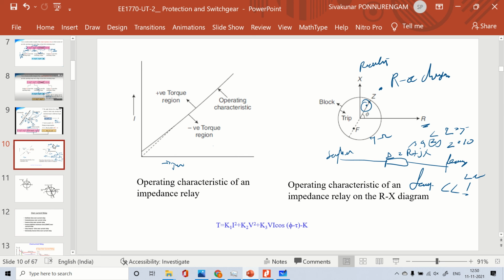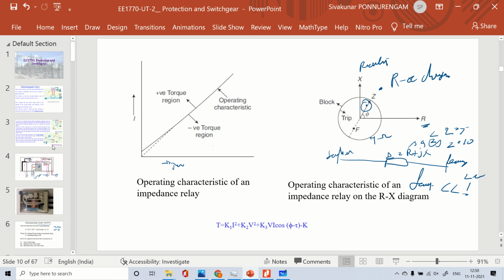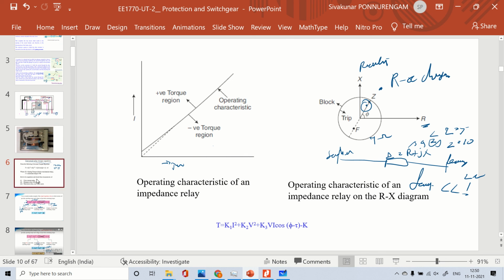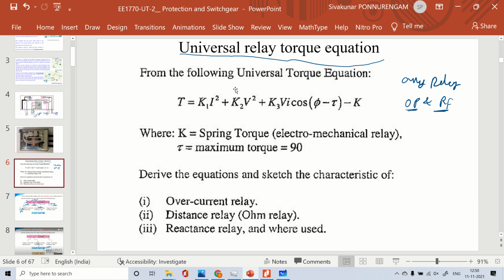So this video covers the topic of the universal torque equation, which consists of the operating quantities: one is voltage, another is current, and another is a combination of the voltage and the current, with which we attain the maximum torque.